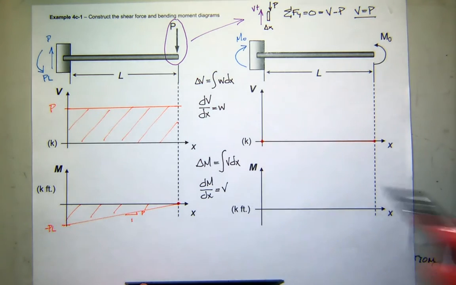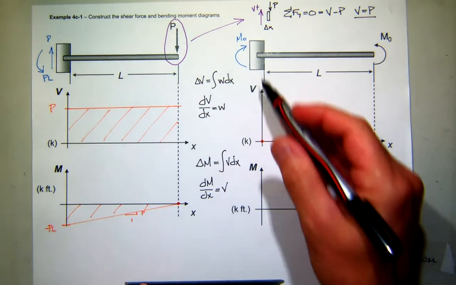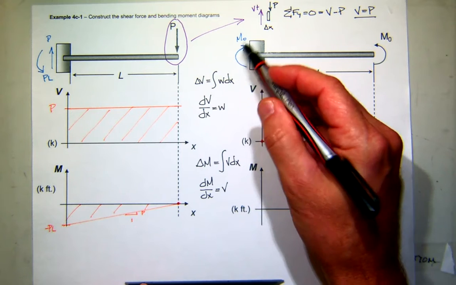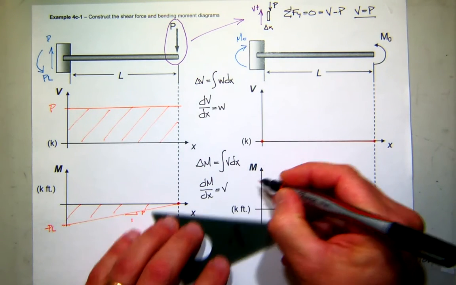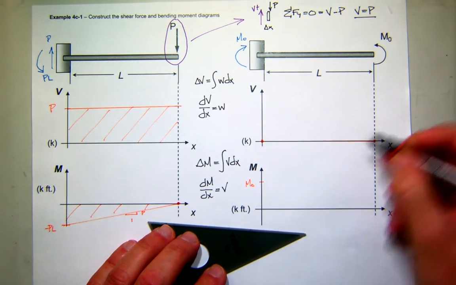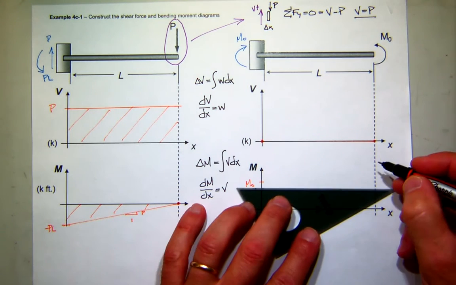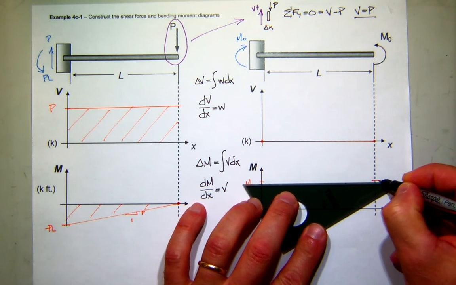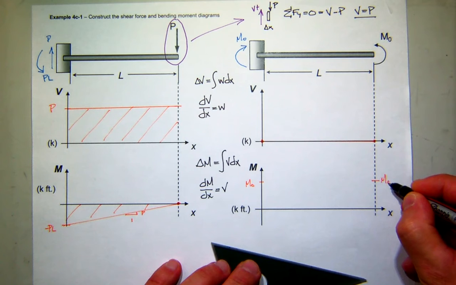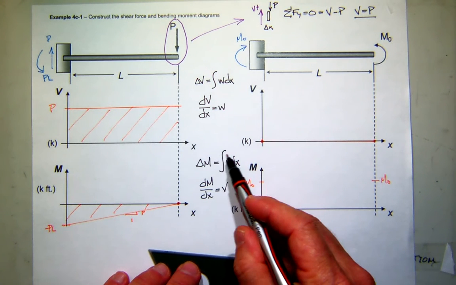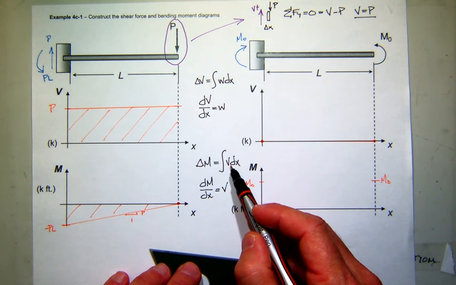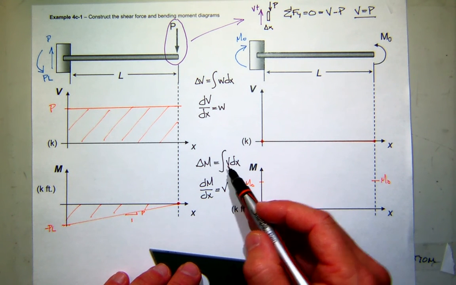Now let's go to the moment. So what is going to be the bending moment at the beginning? What kind of bending moment is that? Positive. So we're going to start off at a moment of M naught. By the way, what kind of bending moment is that on the right-hand side? Positive. We better hit M naught. For that to work, then the area under the shear diagram better be 0, is it?